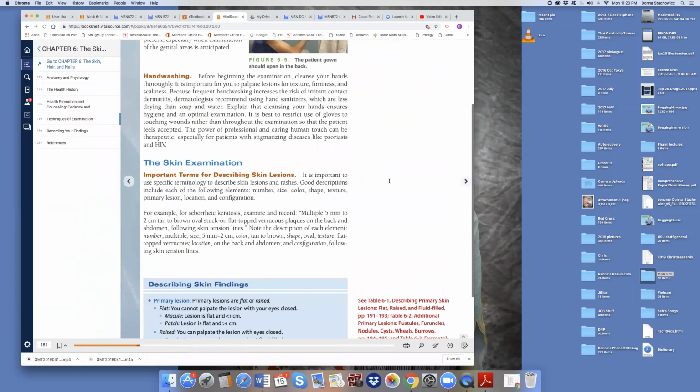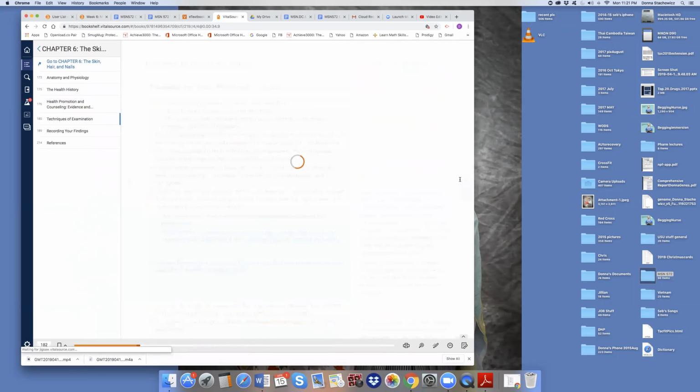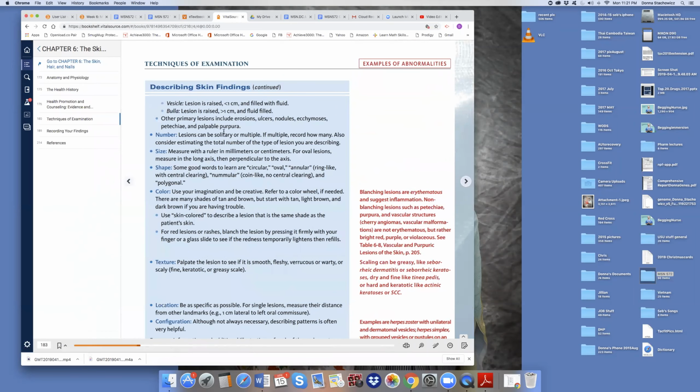Right here, you can look at describing skin findings: macules, patches, papules, and plaques, talking about raised versus flat. You need to notice the difference between primary and secondary lesions. A primary lesion is the initial lesion. Secondary lesions, for example with chicken pox or impetigo, are the crusting that happens after the primary lesion.